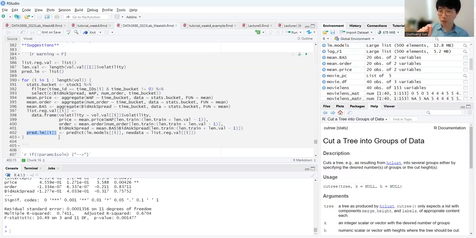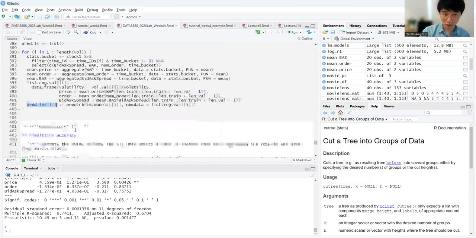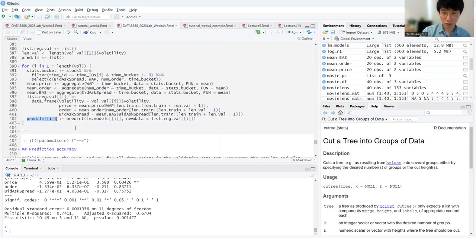We use 80% of these data points, meaning that we use 16 out of these 20 data points, and the remaining 4 are used for validation. So for each of the 4 data points, we will have a prediction. And remember, we have 500 time IDs. So the total number of predictions we have will be 500 times 4 equals 2000. Okay, this is the prediction part.